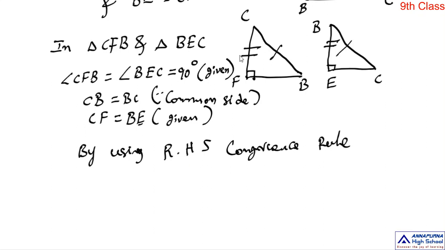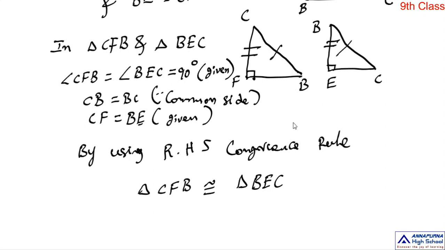By using the RHS congruence rule, these two right angle triangles are congruent. So triangle CFB is congruent to triangle BEC.